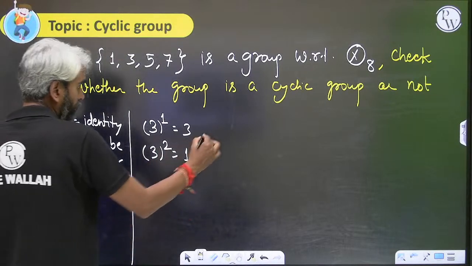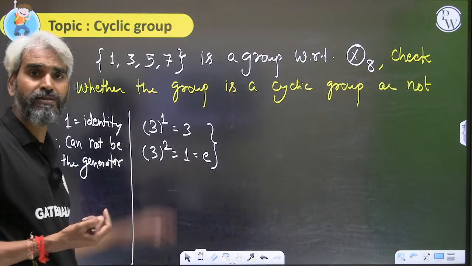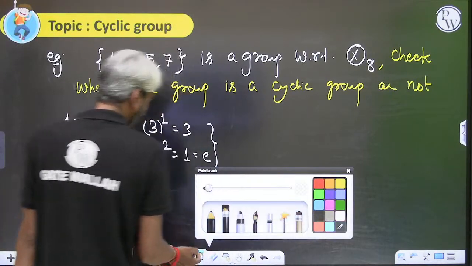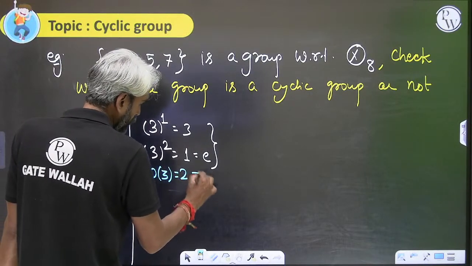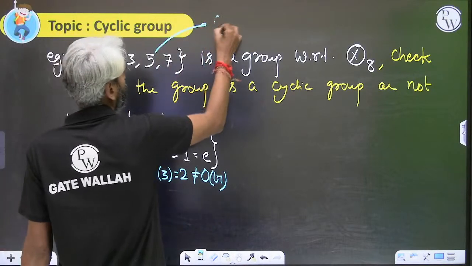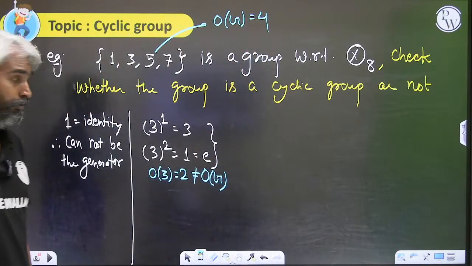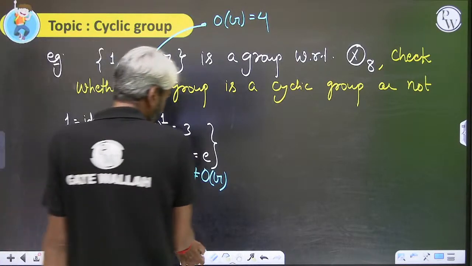So once you have obtained the identity element, if you increase the power any further, you will start repeating the same element. So you can actually see that the order of 3 is equal to 2, which is not the same as the order of the group. So what is the order of the group? The order of the group is 4. There are 4 elements in the set. So the order of 3 is not the same as the order of the group.